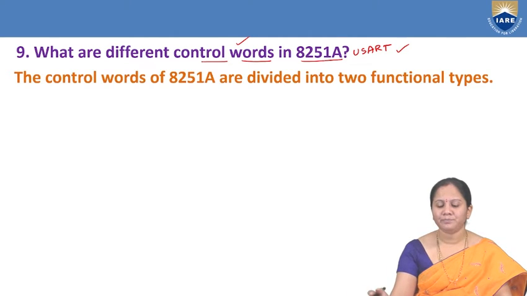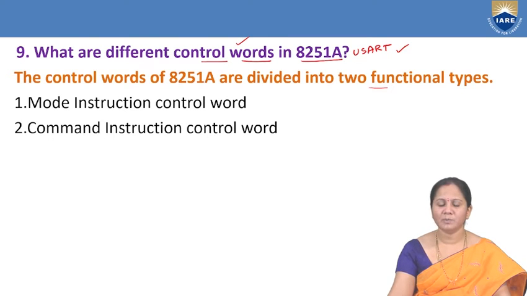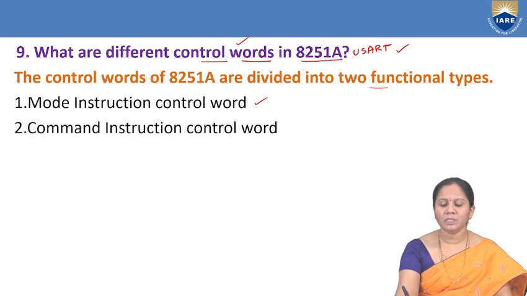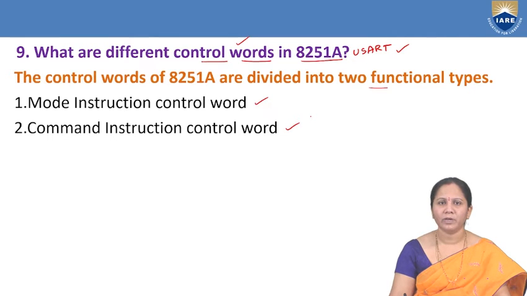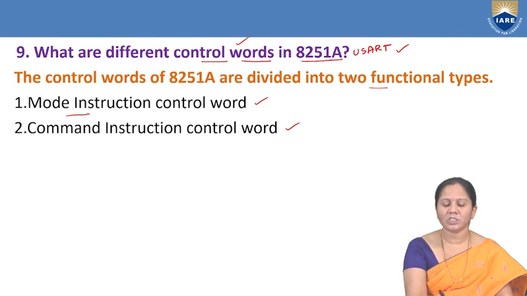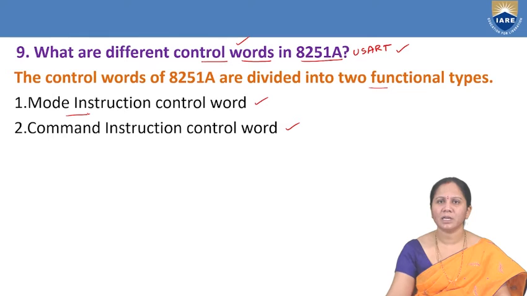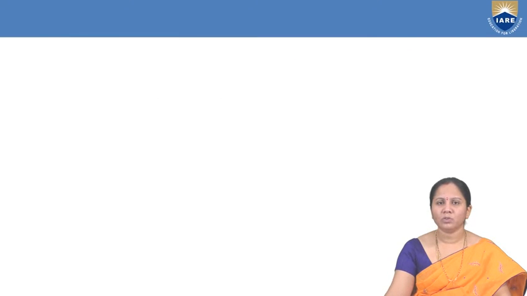The control words of 8251A are divided into two functional types: the mode instruction control word and the command instruction control word. The mode instruction is again divided into synchronous and asynchronous. Those are the control words of 8251A.